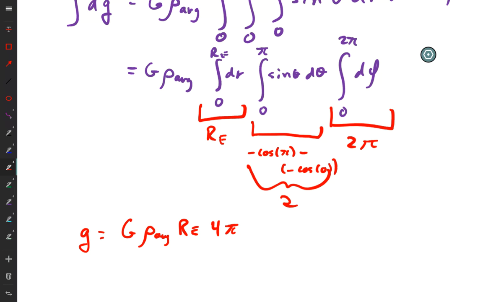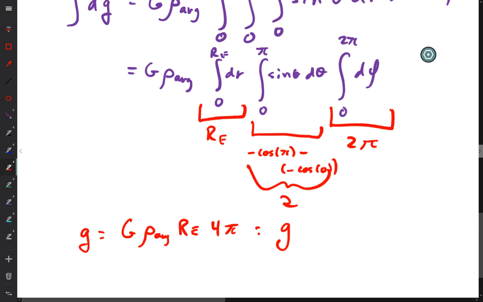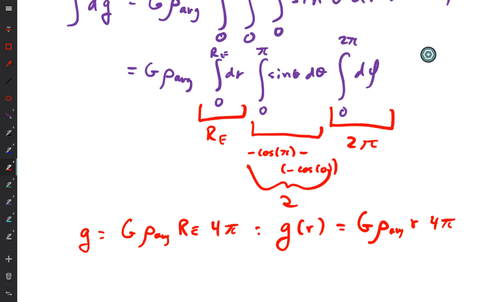So it's perfectly correct to say G at any elevation is this function, just replacing capital radius of the Earth with the radius I'm at. And what's the easiest way to write this?